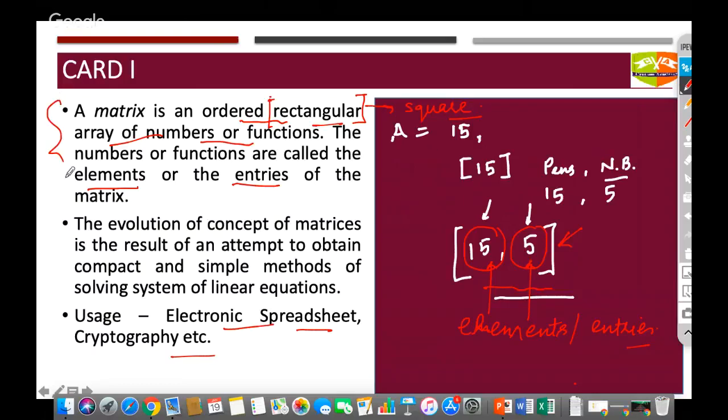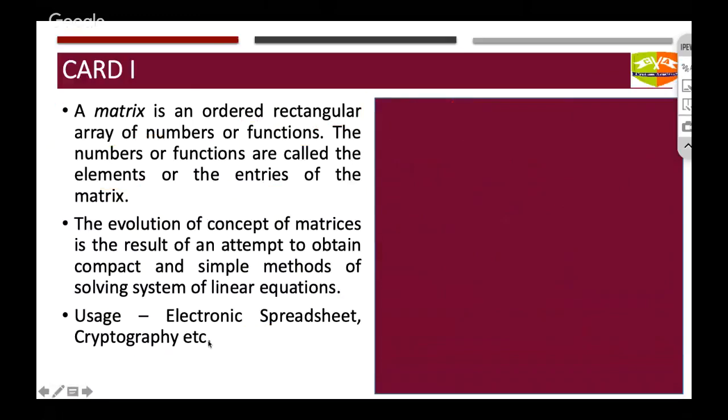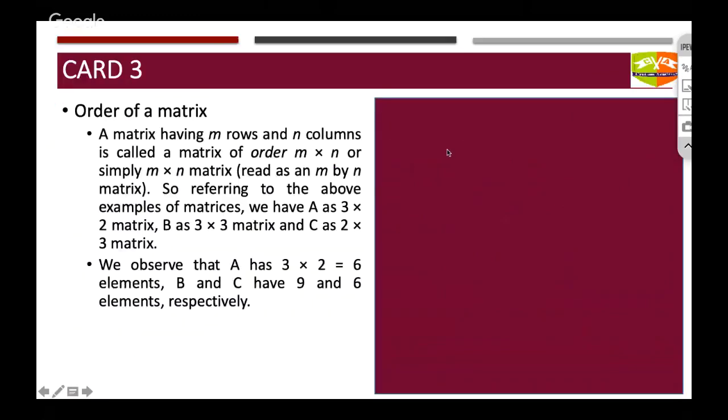This is the definition of matrix. It was evolved to solve simple linear equations, because we already had methods, and while discussing other methods, this particular method evolved.